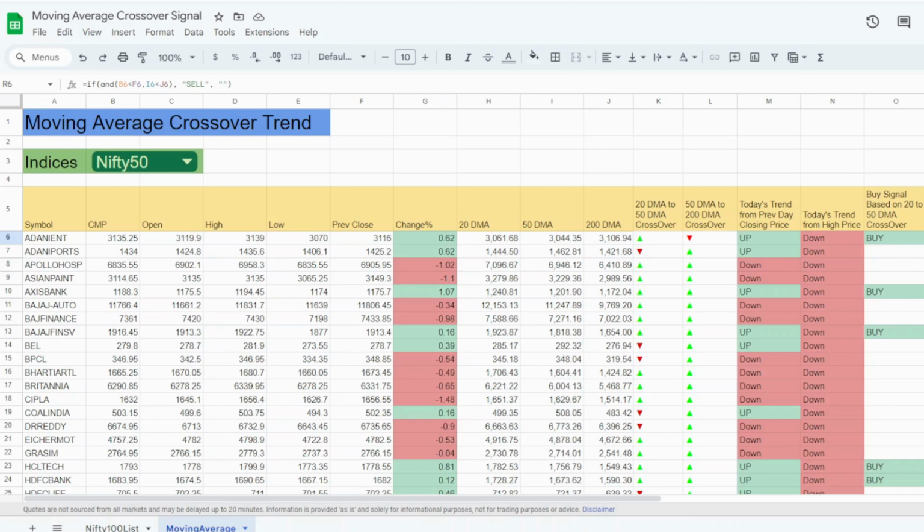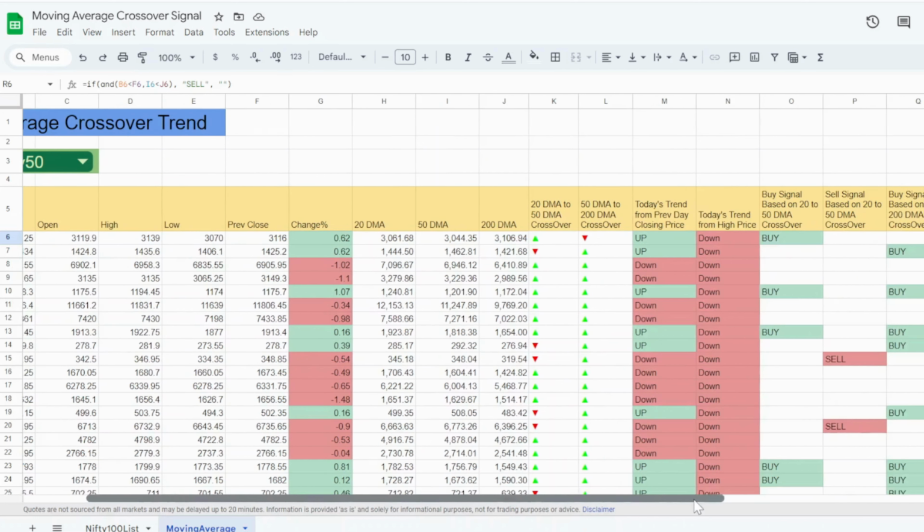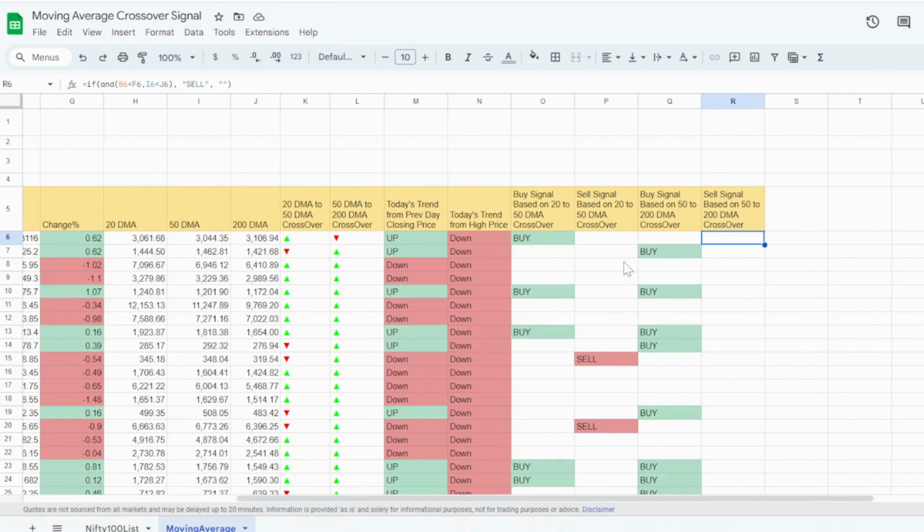For example, whatever buy signal I am getting, I will take that stock and try to see if our other strategy is giving us a buy signal for that stock or not, and based on that I will be investing in that stock.